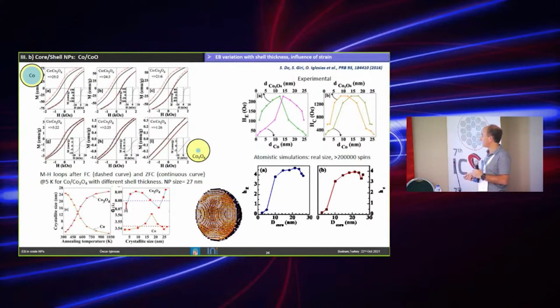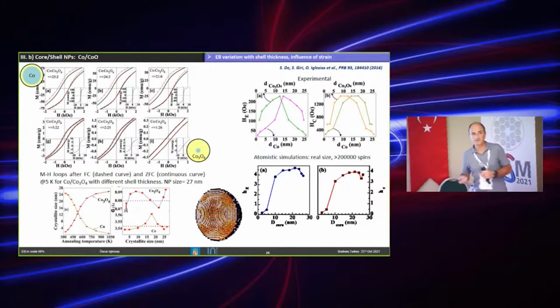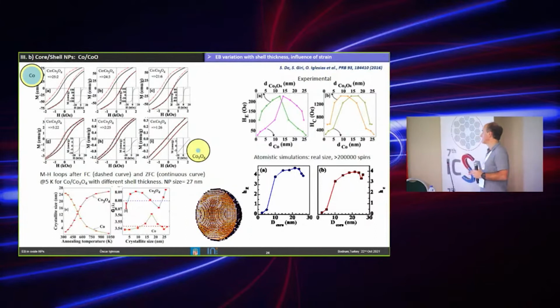And simulations of these real-size nanoparticles, which are big for the simulation, this involves hundreds of thousands of spins, agree well with this non-monotonous behavior.